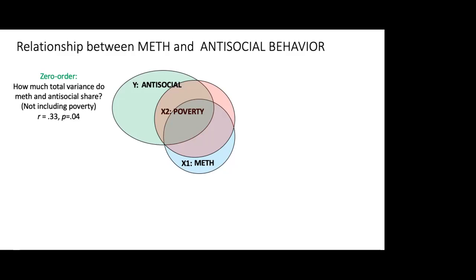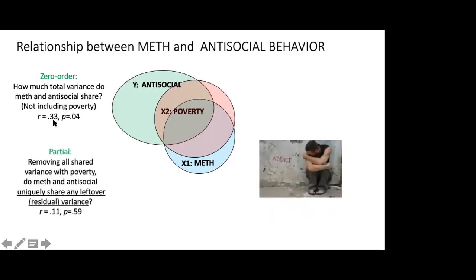It's just about whether there's a unique relationship between antisocial behavior and drug use. So let's assume for this fictional data, the zero-order bivariate correlation, not including poverty, between drug use and antisocial behavior would be 0.33.